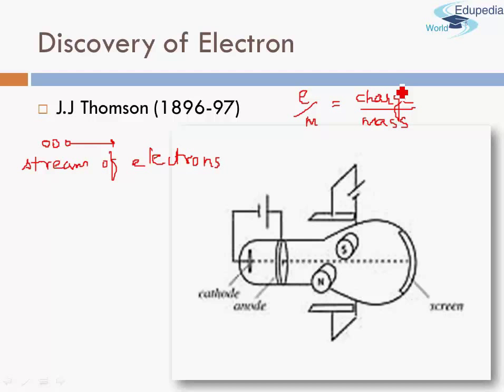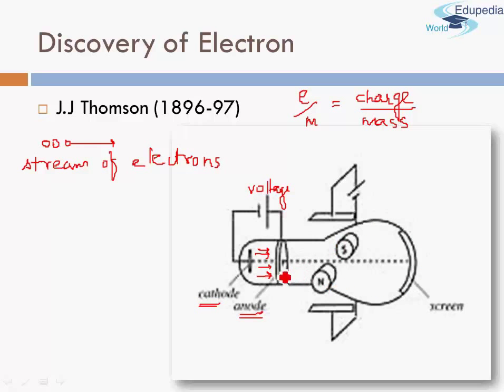So this end here is again cathode and this end is again anode. Now we know that from cathode towards anode, a stream of particles is going to move when we apply a high voltage here. Now what he did was he extended the tube further.